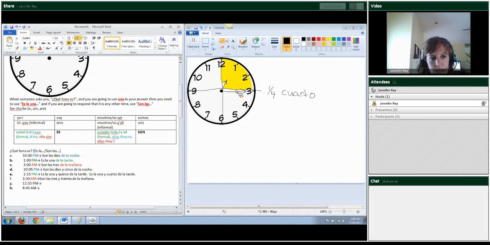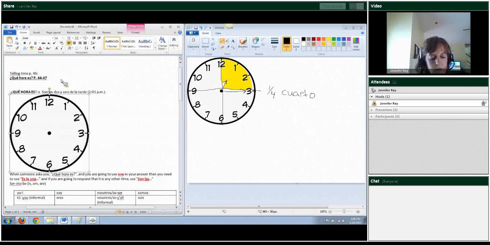So let's see if we can redo our clock. Okay, and let me get rid of this right here. Bye bye. Okay, so what I had is 3:30.